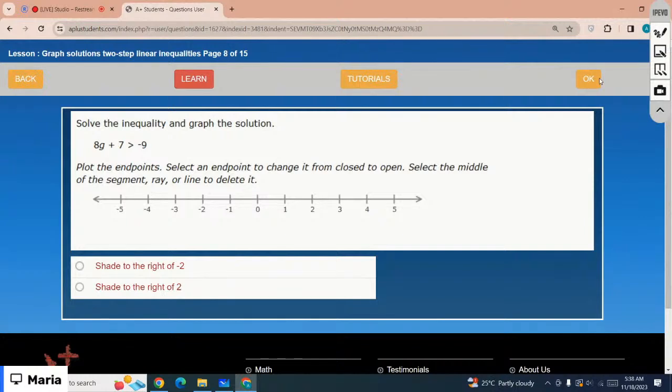Yes, the correct option is that is shade to the right of negative 2. Option 1 is the correct option.